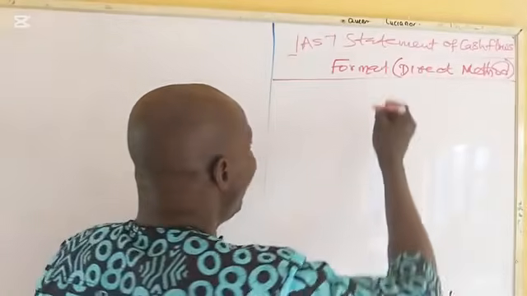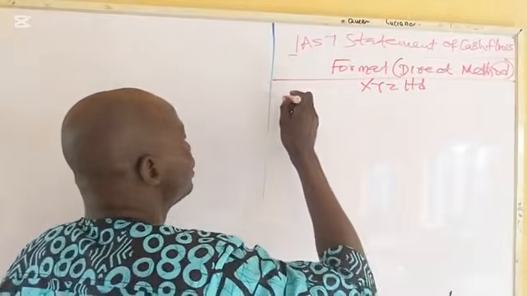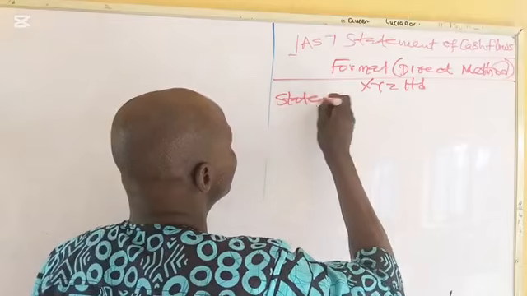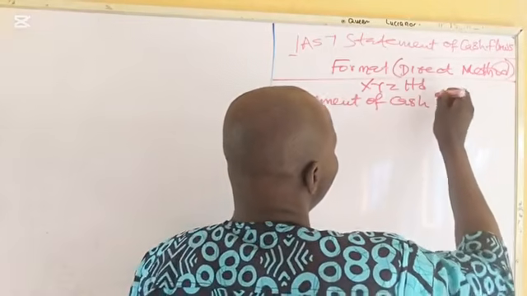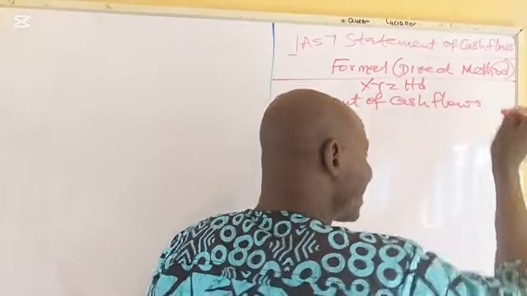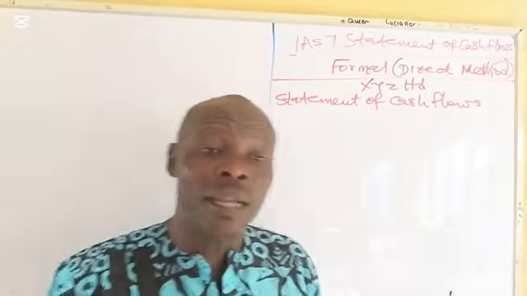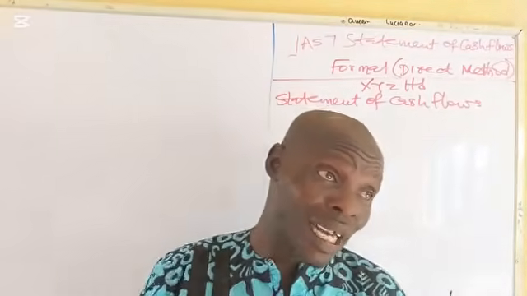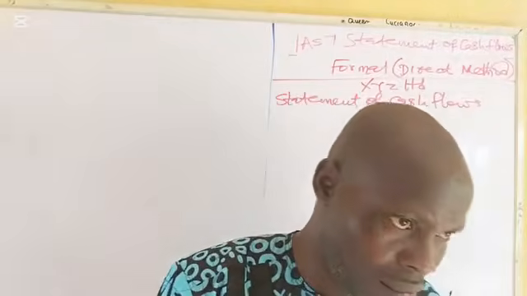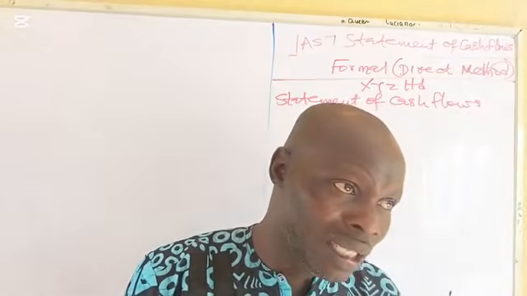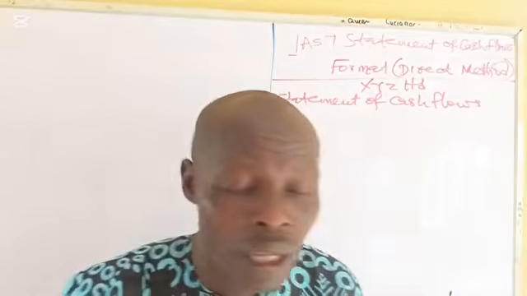So XYZ Limited, statement of cash flows. It is a financial statement. Statement of cash flows is part of the financial statements, so it is wrong to use "as at".